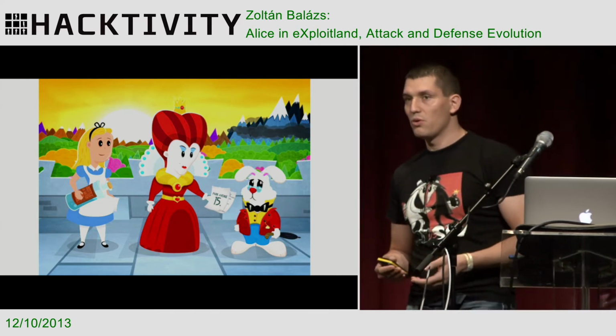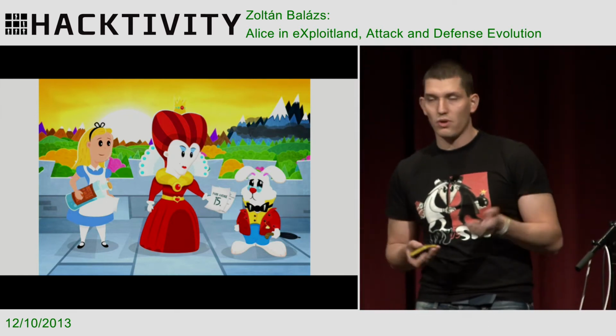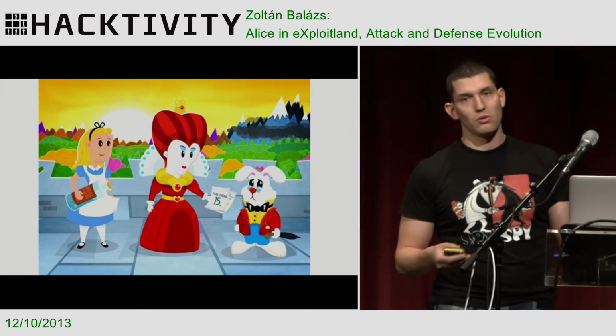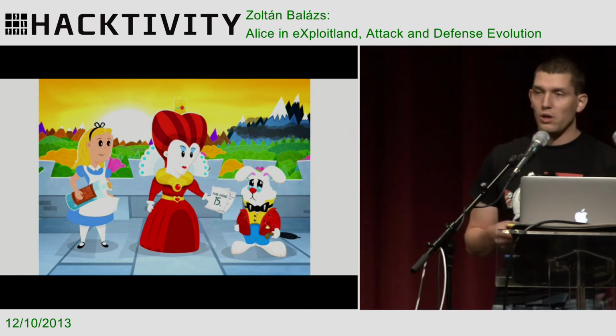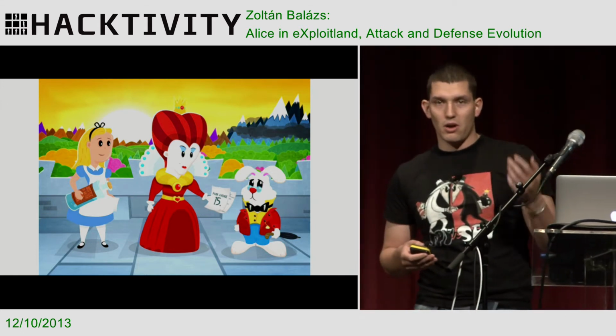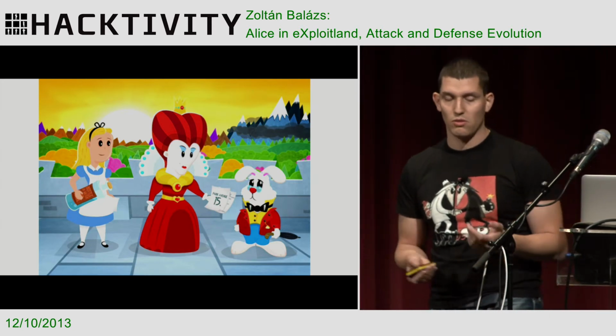These are very simple rules, but sometimes you don't know where to look, what to do, what happens with you. So my analogy to these function calls is that there are three persons in eXploitland or Wonderland.